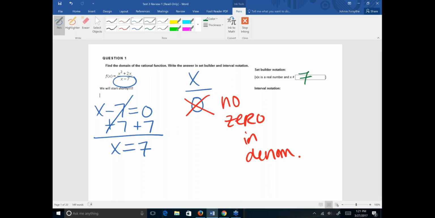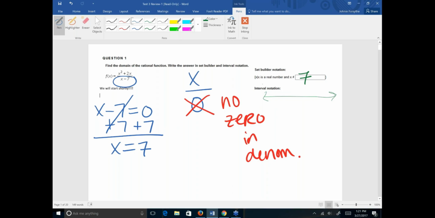And now for interval notation, I think it's easier to draw a number line first to get an idea of how it would look in terms of all the real numbers, and then convert that to interval notation.